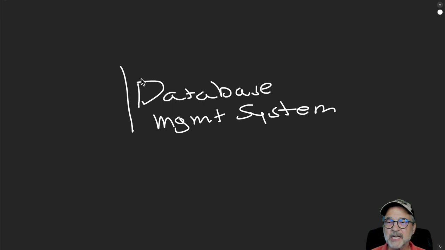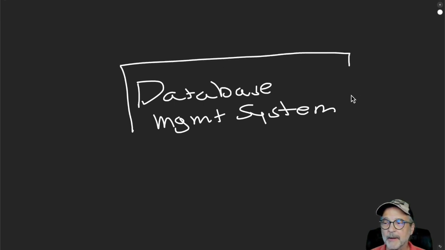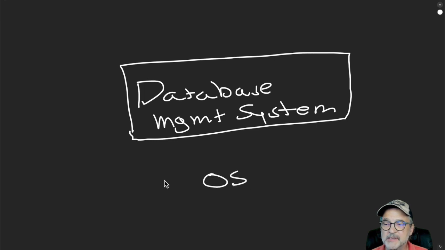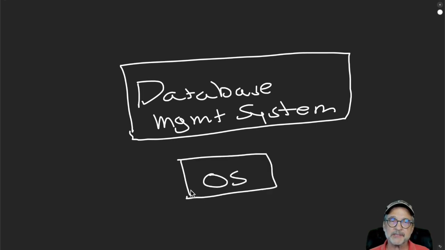This database management system is actually a program that runs on top of the operating system. And the size of these boxes means absolutely nothing. Your operating system is almost always larger than the database management system. The database management system talks to the operating system, and the operating system also has to deal with a thing called the file system.